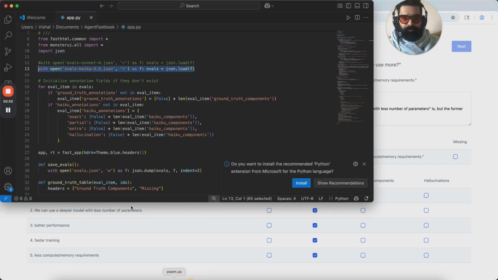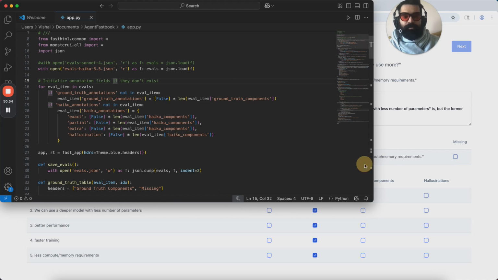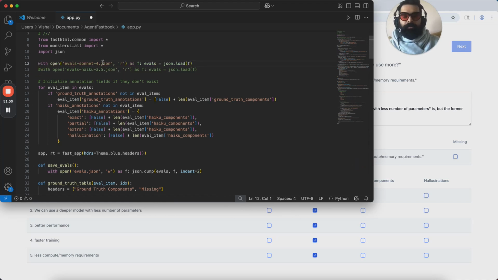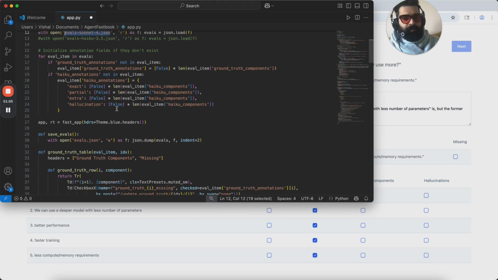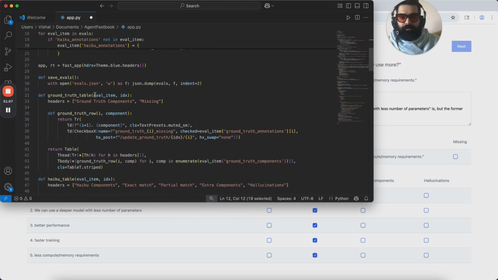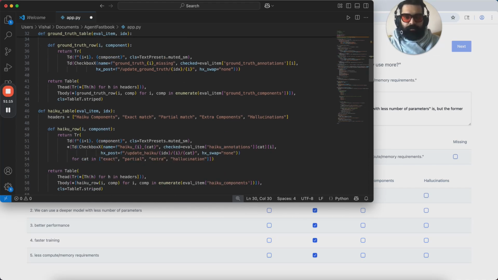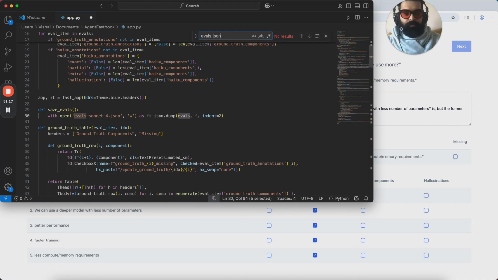So this is my app that we're looking at in the browser. I'm going to comment this out and load evals sonnet.json, and save evals. I'm going to save it as eval sonnet. And let's just make sure there's no evals.json left.